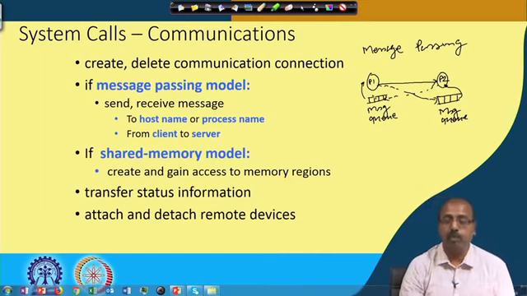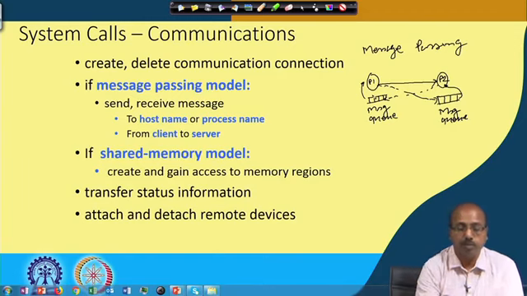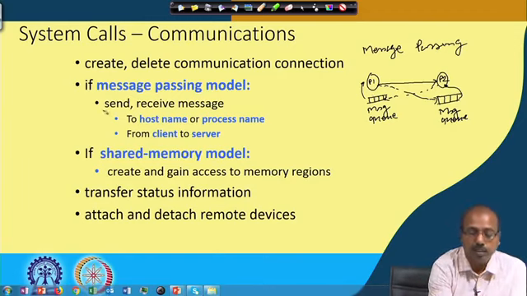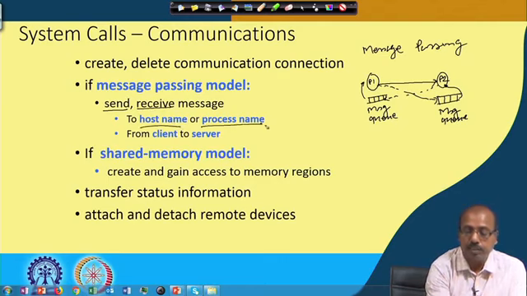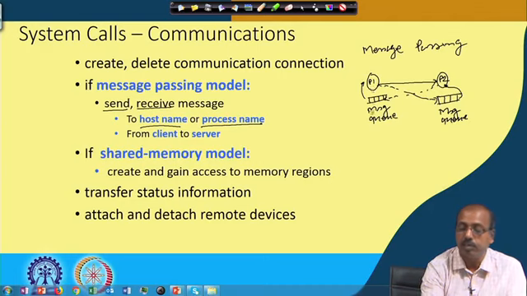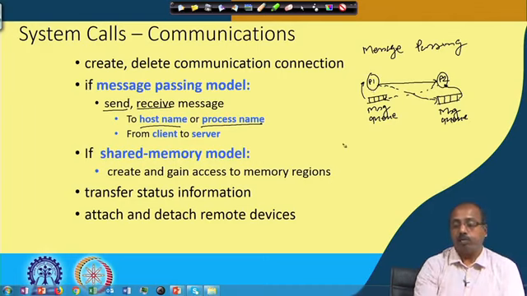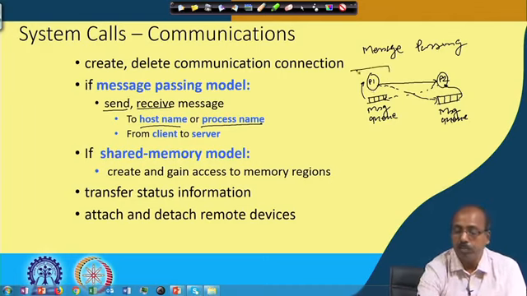So, this is one type of communication mechanism that many operating systems do support, and naturally you need to have system calls for send and receive message. It may be sending to a host name or to a process name. This is just shown in terms of two processes, but it may so happen that physically P1 is in system M1 and P2 is in system M2, two different computers.